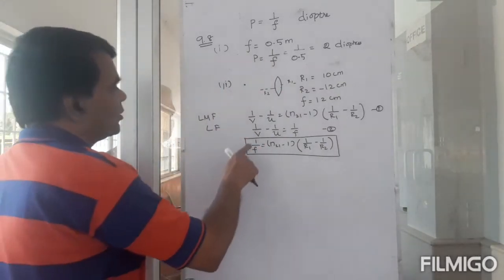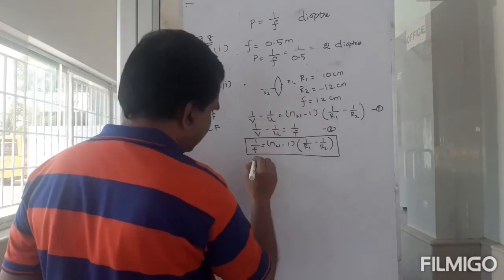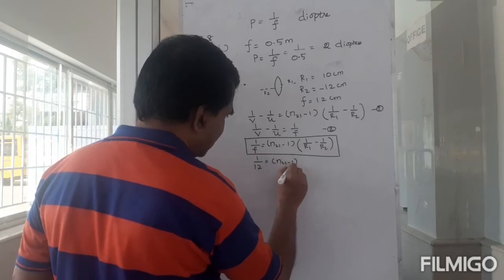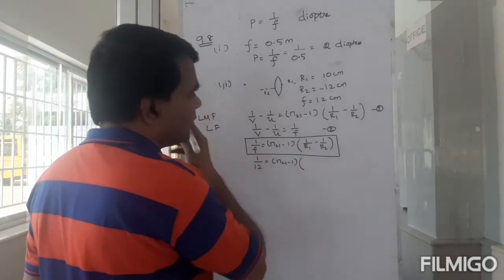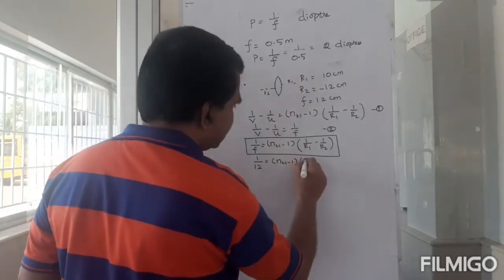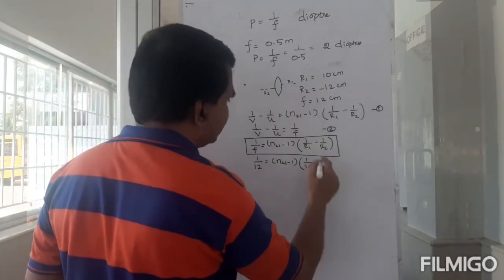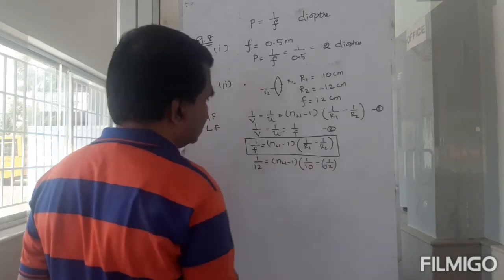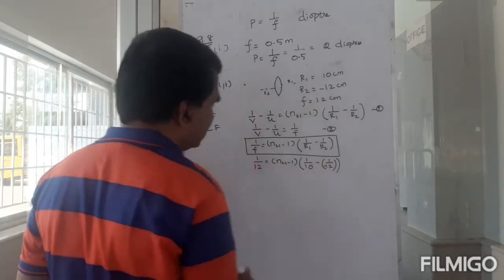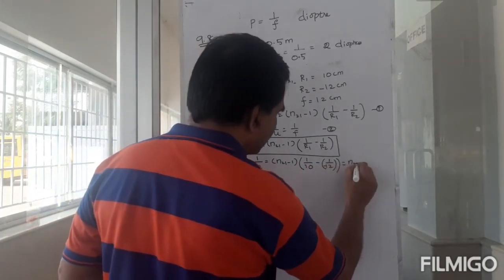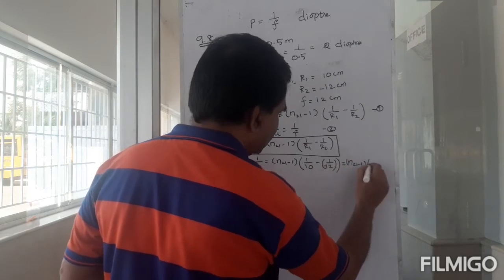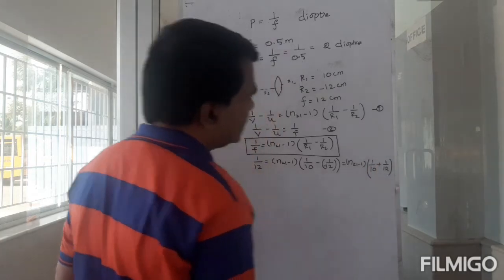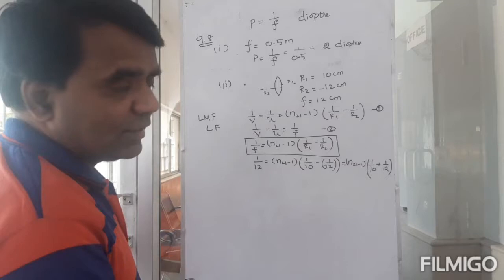It's very easy. 1 by f is positive, so 1 by 12 is equal to (n21 minus 1) into (1 by R1, which is 1 by 10, and minus of 1 by minus 12). That gives me (n21 minus 1) into (1 by 10 plus 1 by 12). Then 60 could be the LCM for that.